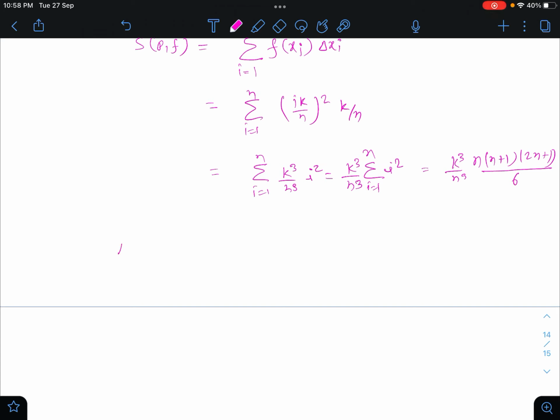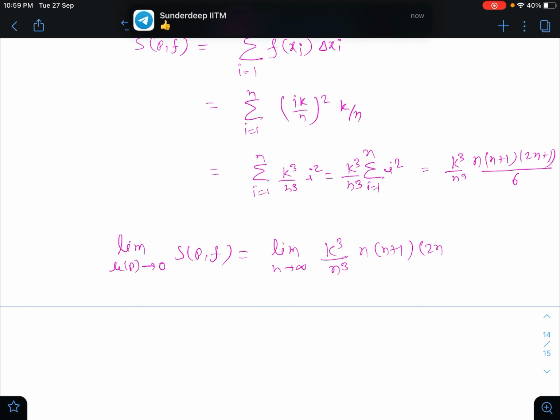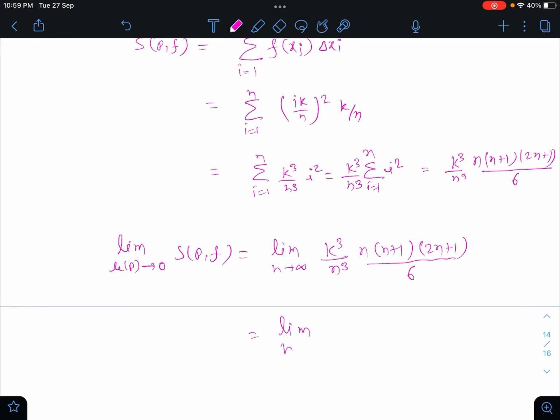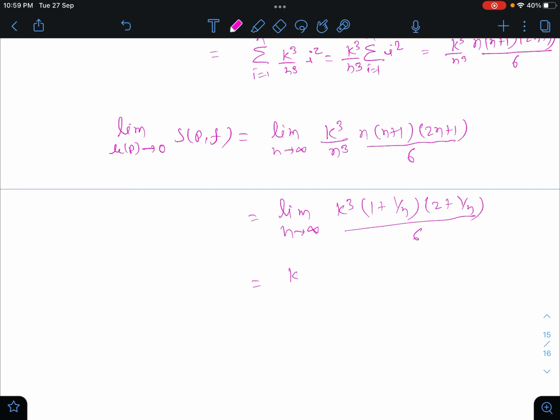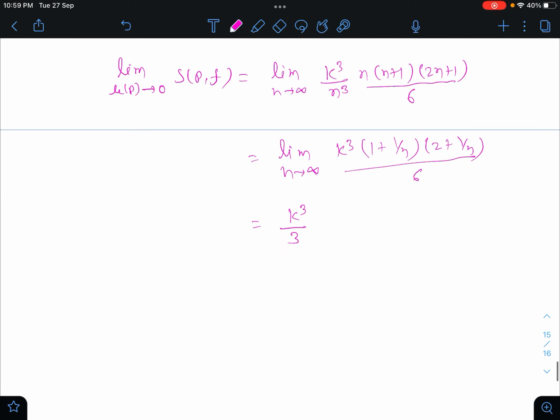So by taking the limit as the norm of the partition tends to 0 of S(P, f), and the norm of the partition converges to 0 when n tends to infinity, the limit as n tends to infinity of k cube upon n cube times n(n plus 1)(2n plus 1) divided by 6 is equal to the limit of k cube times (1 plus 1 by n)(2 plus 1 by n) divided by 6, which is equal to k cube upon 3.